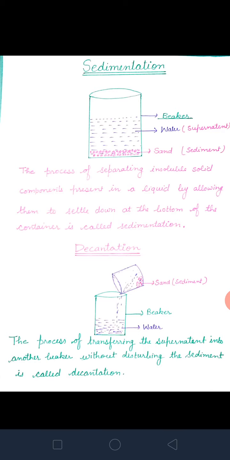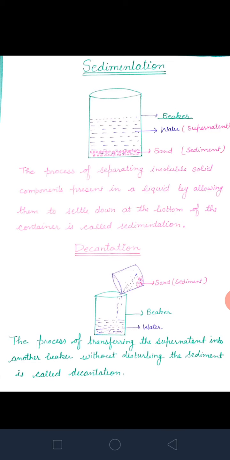Okay, beta. Now, how can we separate these sand particles from the water? You have seen sand particles settle down and water come at the top, so how can you now separate the sand particles present at the bottom? We will now separate sediment and supernatant by the process of decantation.